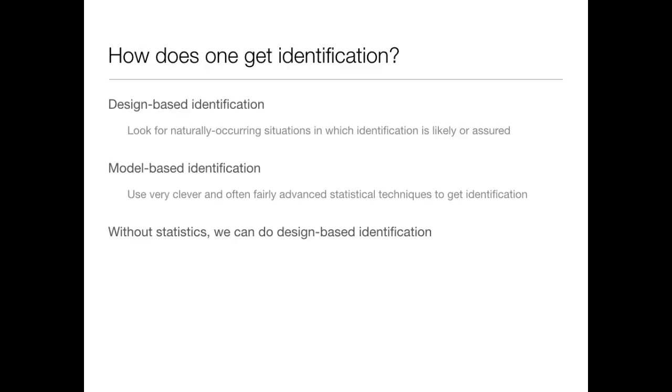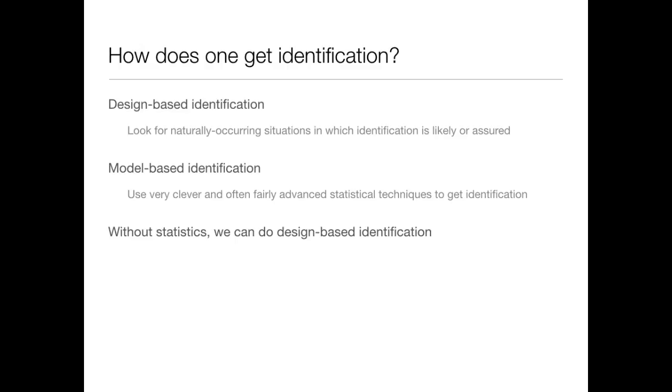That is, once you learn more about statistics, you'll find that there are a handful of techniques like matching, two-stage least squares, recursive bivariate probit, a fairly wide range of them, that allow you to get identification from your data, even if the data don't meet the standard of a natural experiment.